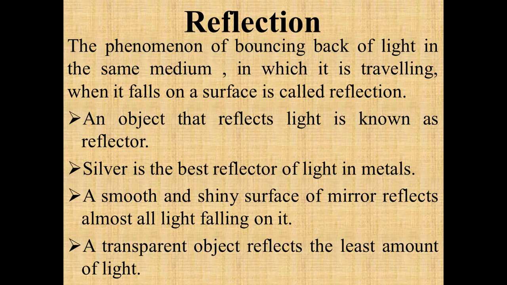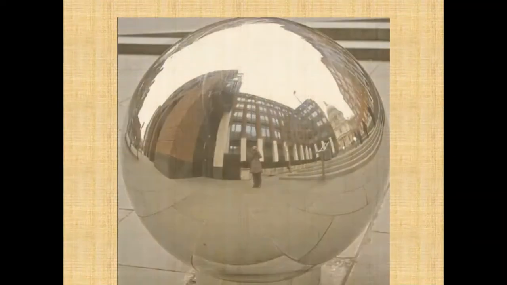Why? Because it is a transparent object and it reflects the least amount of the light. So if the object reflects almost all light falling on it, then it produces the best reflection, like in case of the smooth and shiny surface of the mirror.